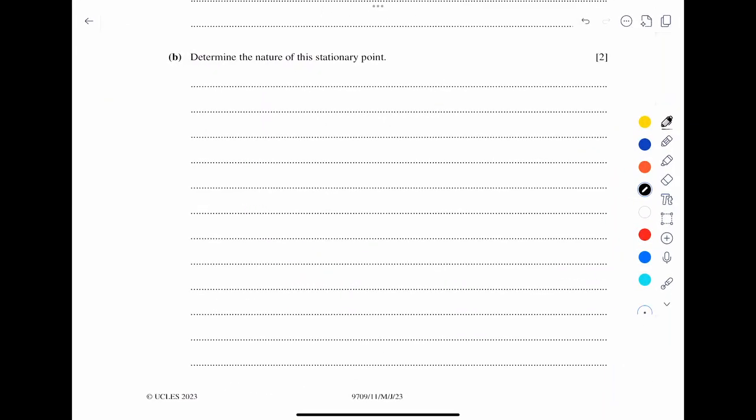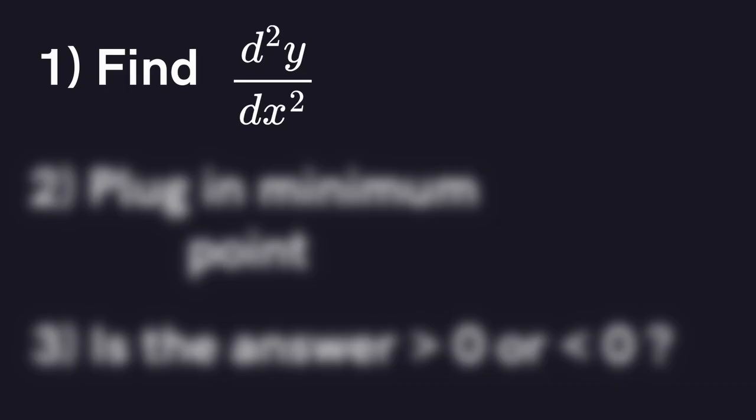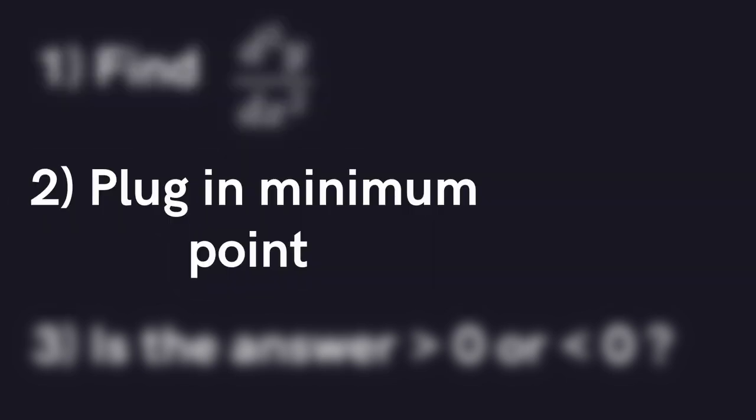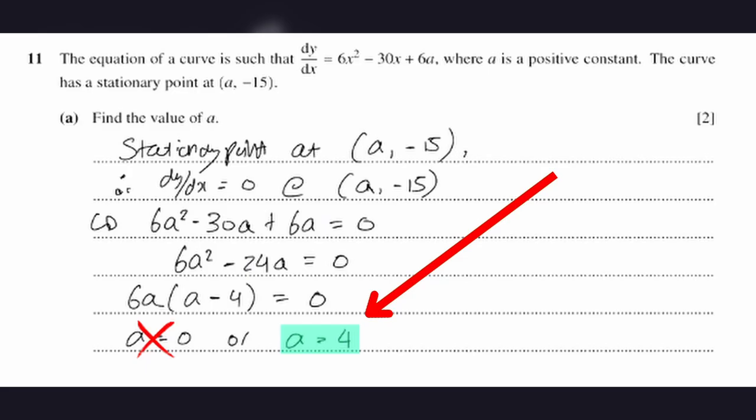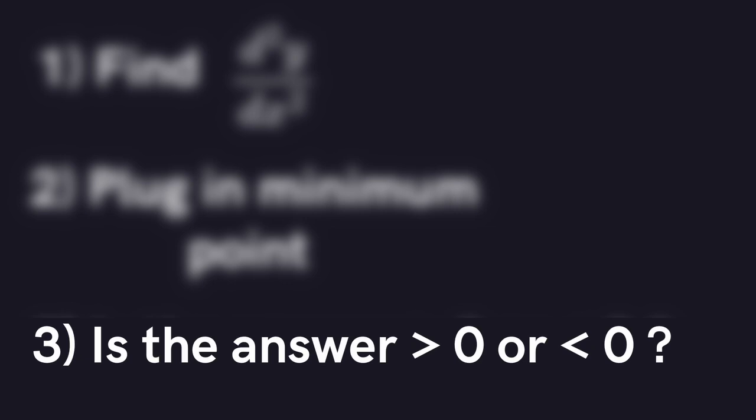Finding the nature of the stationary point revolves around three things. 1. Find the second derivative. 2. Plug in the minimum point, which we have already found, which in this case is 4. 3. See if the answer we get is bigger or less than 0.